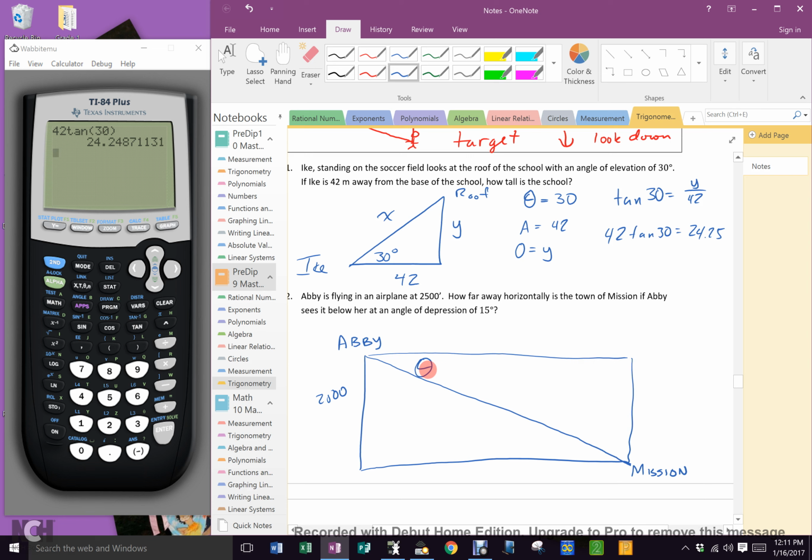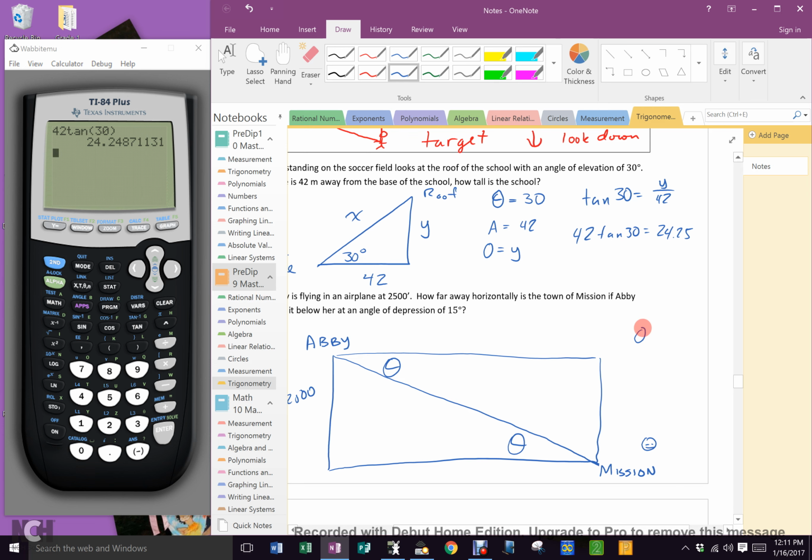But if Mr. Myers is down here in Mission, isn't his angle of elevation the same? So do I need to draw them both? Or can I understand the concept? I don't care which you do. You may draw both. Do you have a theta? Yes.